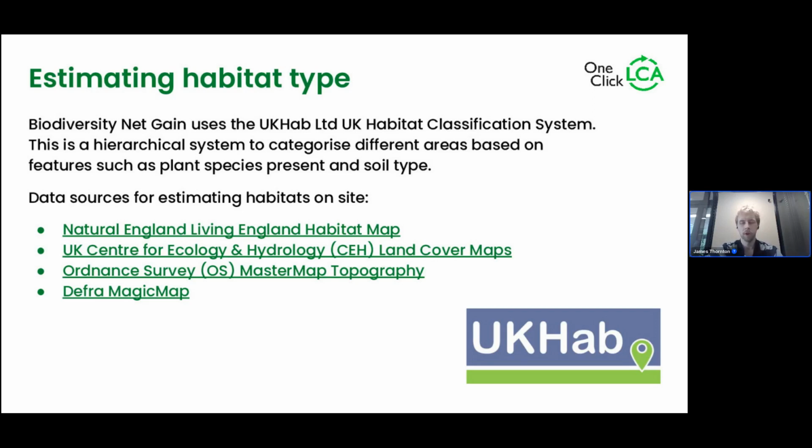These are geospatial data, so you would use software like QGIS or Esri Arc, which maybe some people are familiar with, which you can overlay with satellite or Ordnance Survey maps and things like that, so that you can go to the site that you're looking at, and depending on which one you use, you might have an idea of a habitat type.